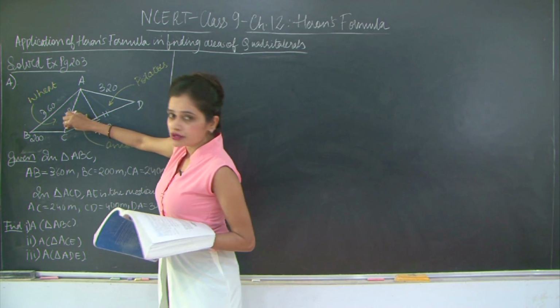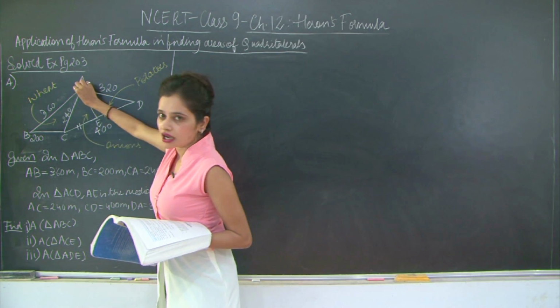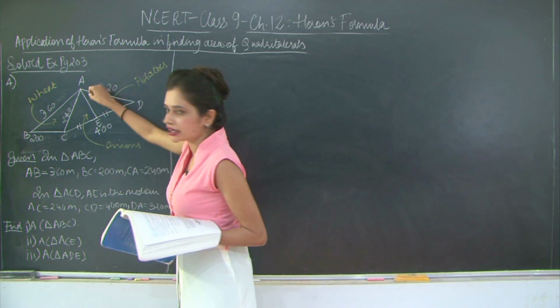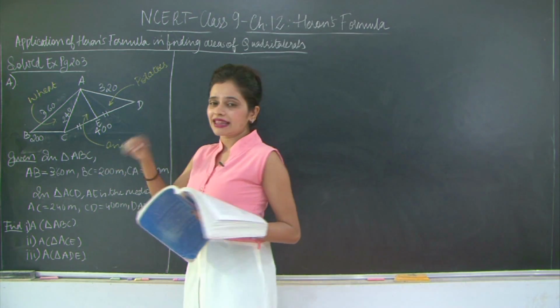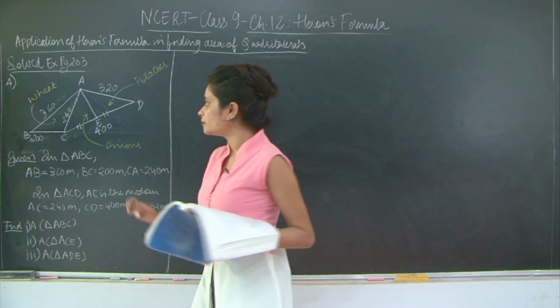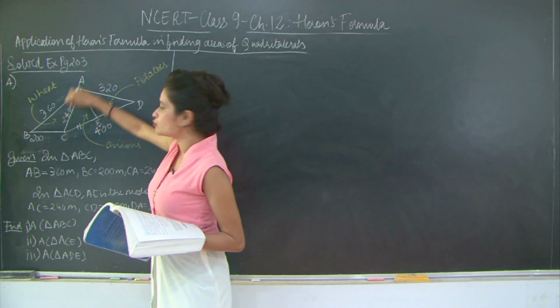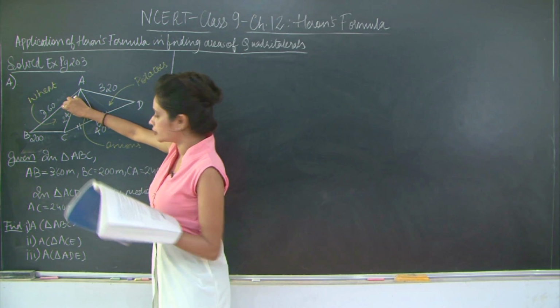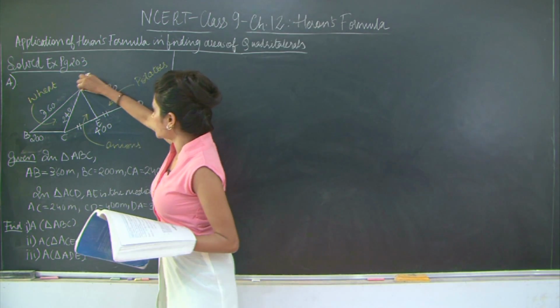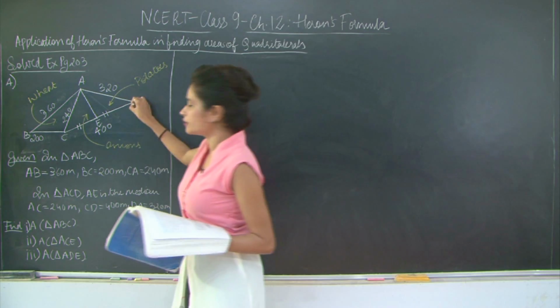How did I take this 240 into consideration? Because both triangles are triangular fields and they have one side that is common, and the common side is of length 240 meters. That is why I have 240 here. And the other sides are 320 meters and 400 meters.